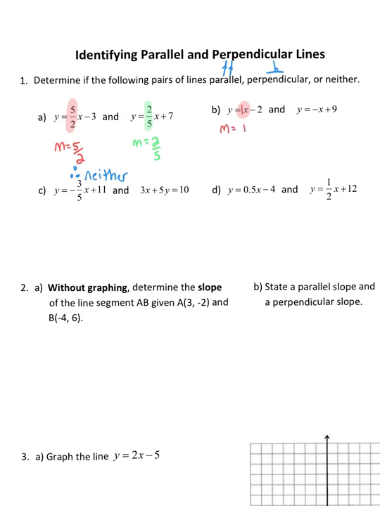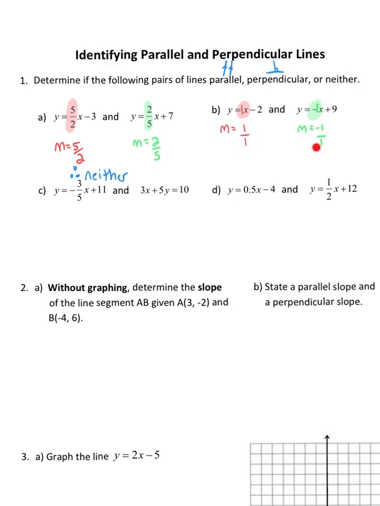I like to think of slope as rise over run, so I'm going to write this as a fraction, 1 over 1. And in the second equation, we have negative x, so that's actually negative 1x. So here, when I identify the slope, m equals negative 1. Again, I want to think of the rise over run, so that's negative 1 over 1.